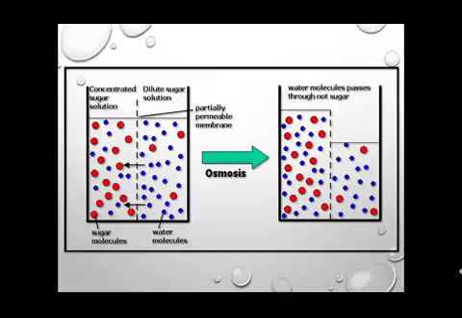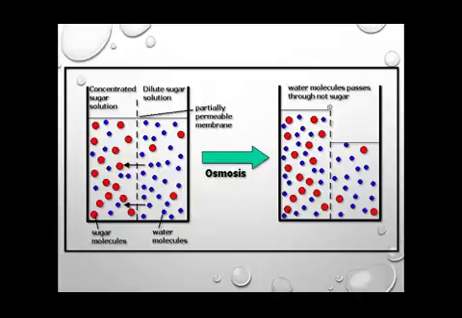In osmosis, as we all know, there is a movement of water molecules from the region of higher concentration to the region of lower concentration through a semi-permeable membrane. So you can see as osmosis takes place, the water molecules pass through this semi-permeable membrane and enter the left hand side, where there were fewer water molecules earlier.